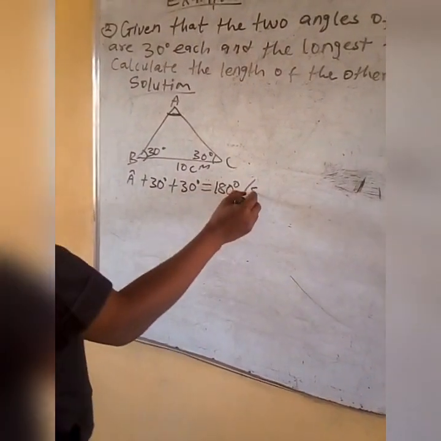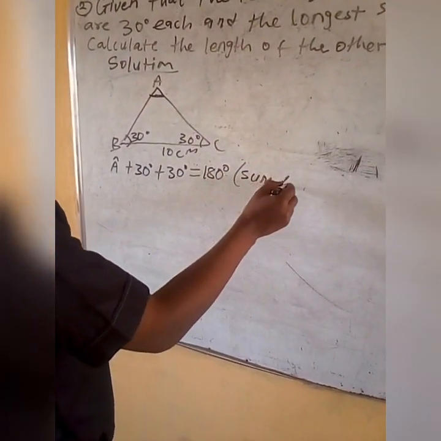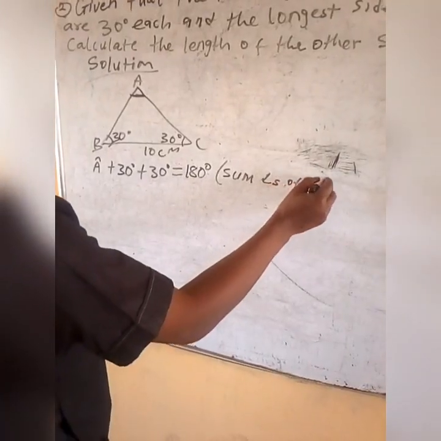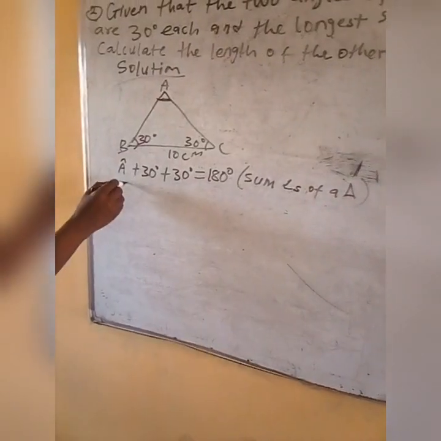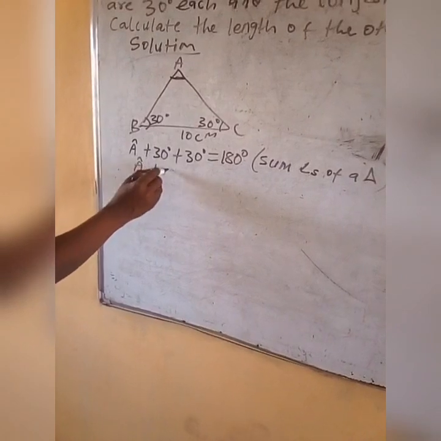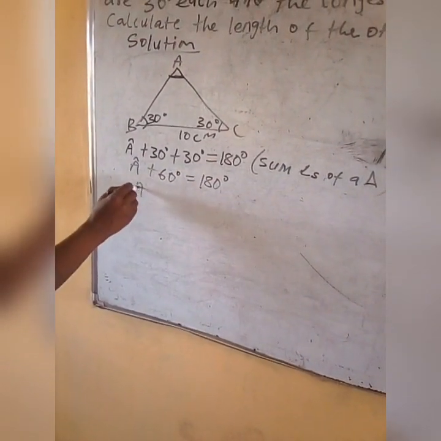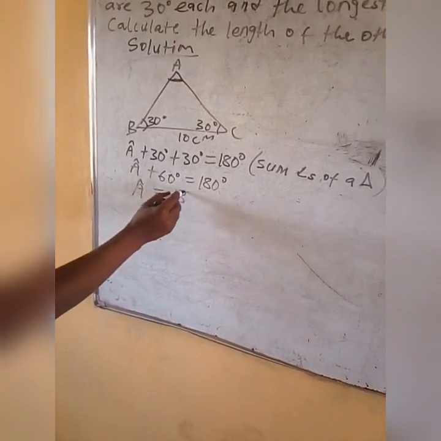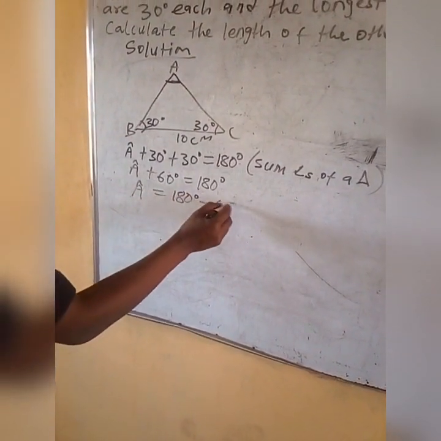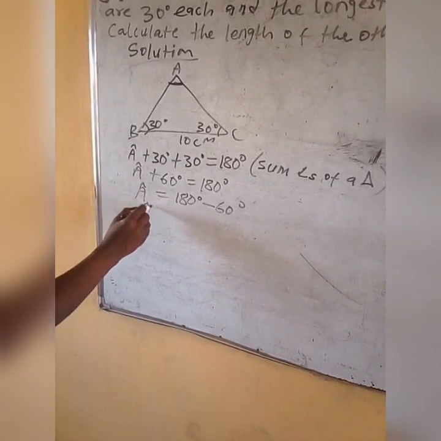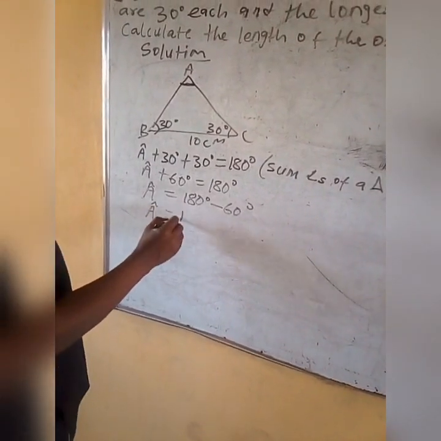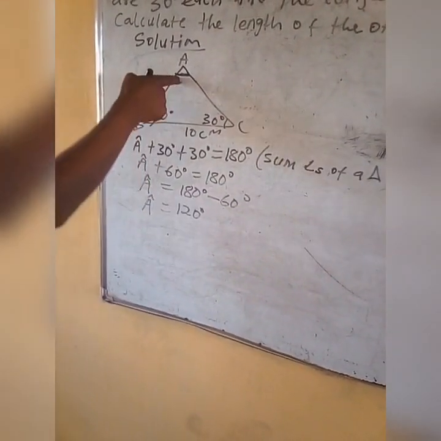Reason: sum of angles of a triangle. Now A plus 60 degrees equals 180 degrees. Angle A will now be 180 minus 60 degrees. Therefore, angle A is now equal to 120 degrees. So this is 120 degrees.